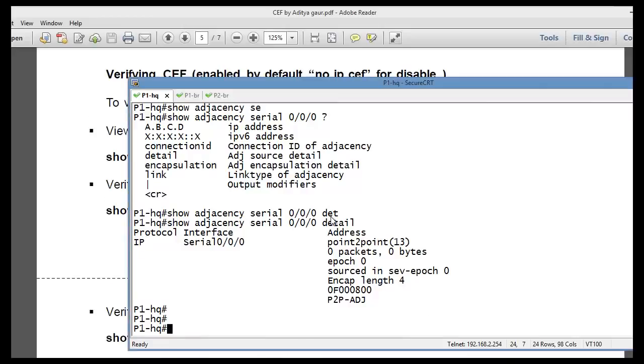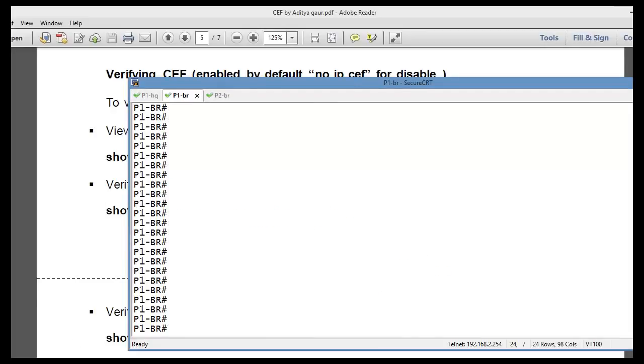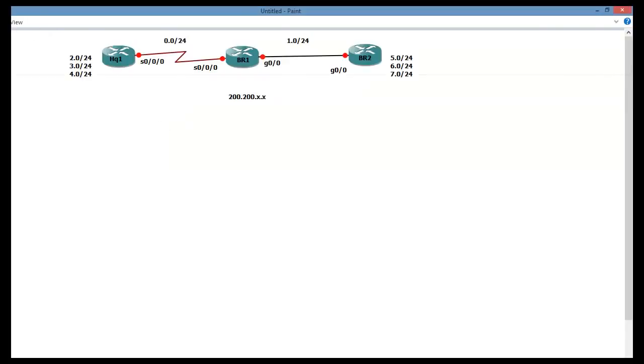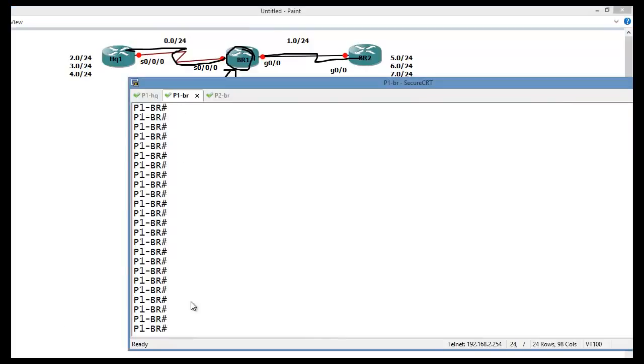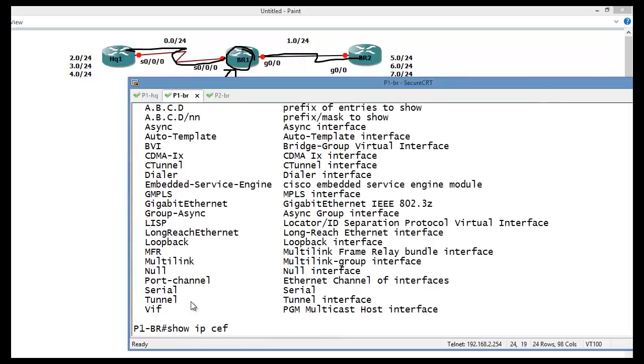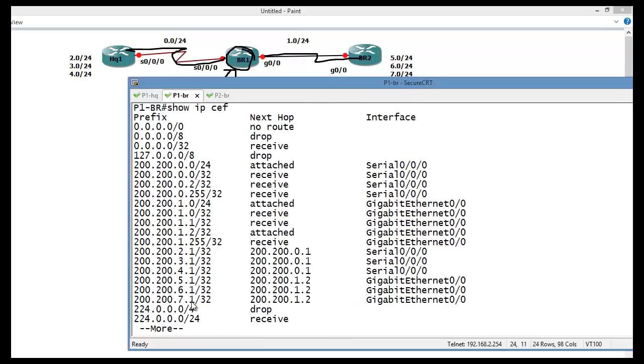Okay, now I'm also going to verify on the branch router. This is the middle router that is situated right there. This is branch 1. It has 2 neighbors, so it's supposed to have more information. So let's see, show ip cef, and I can use detail, but let this run as it is. Obviously you can see the next hop addresses and then the exit interface right there.